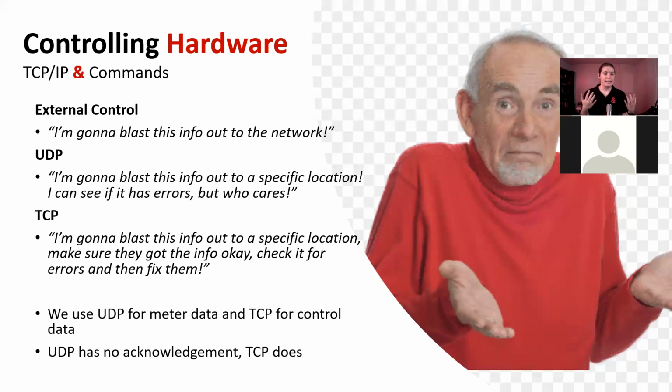Because we don't have to worry about getting the packets in a specific timeline or in a specific way, it's a lighter load. UDP is faster, and you want meter data as fast as possible. But for TCP, we use that for control data because we really need to make sure, did you get this command? Did it come up okay? Did you have any errors? Is everything good? And if not, please let me fix it.